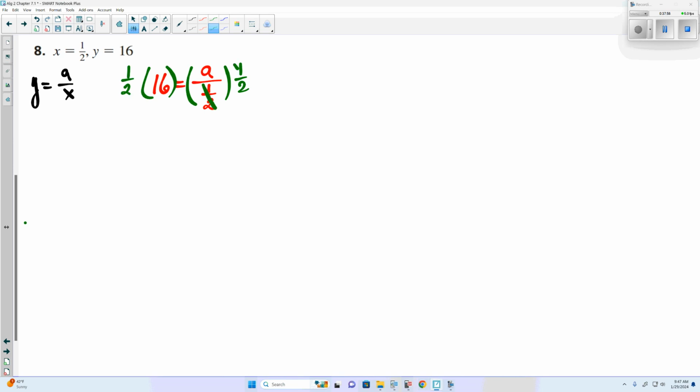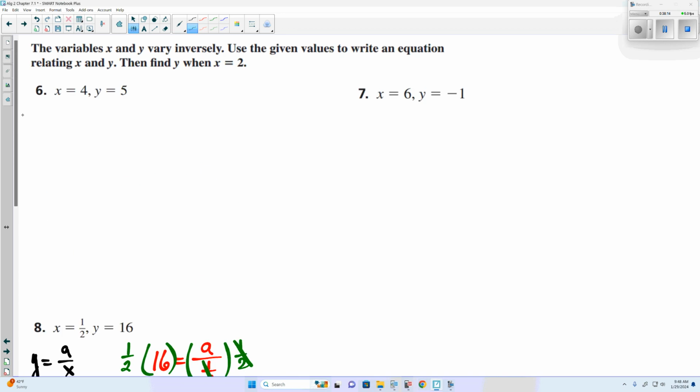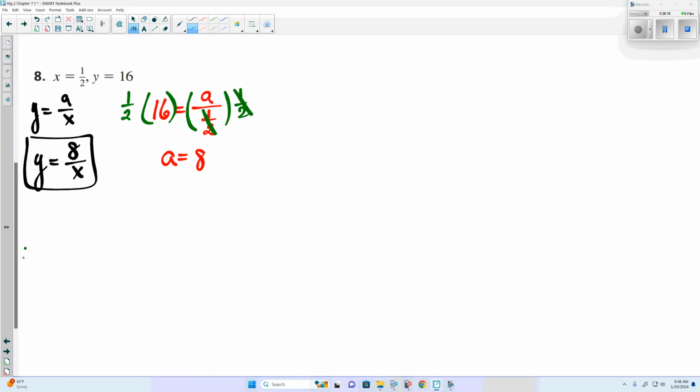Because here the 1/2 and 1/2 will cancel. Now we want to find the value of y when x is negative 2.